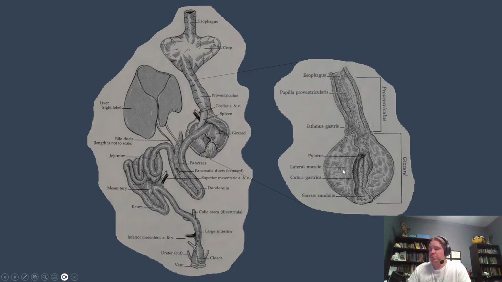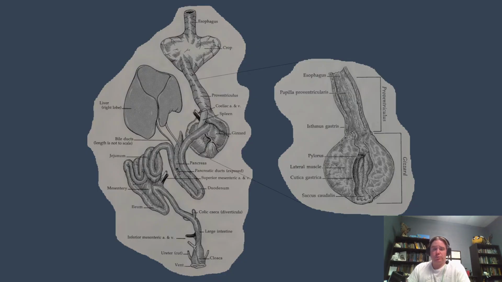But in something like a pigeon, which has to grind seeds down, this gizzard is an incredibly thickly muscled structure with sandpaper-like cuticula gastrica, which is just to say the inner cuticle. And that inner cuticle is constantly being replenished as it wears down, it's constantly grinding things.